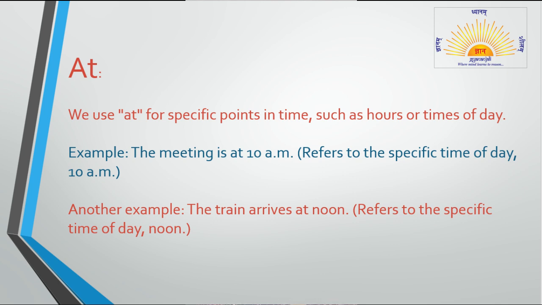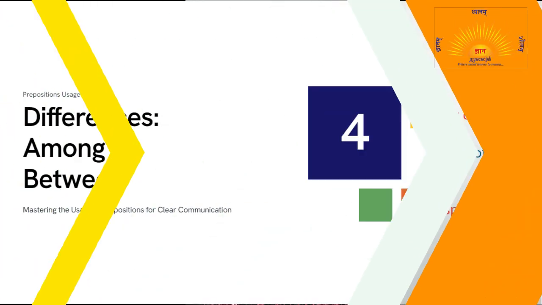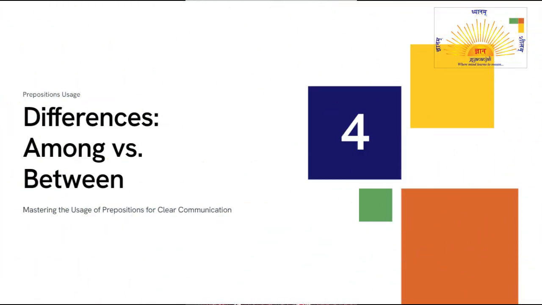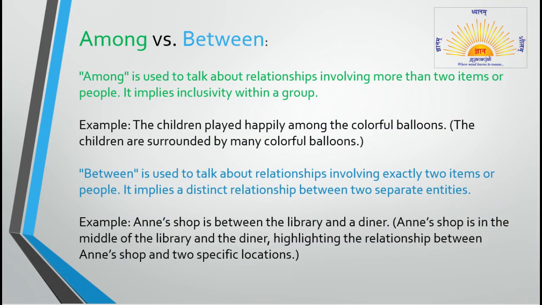Now let's move on to the next prepositions or team of prepositions. I have often seen that people get confused while using among and between. So let's understand when to use among and between. Among is used to talk about relationships involving more than two items or people.